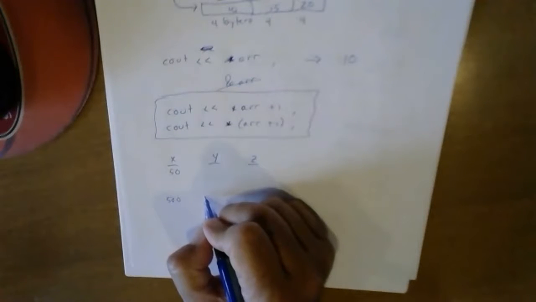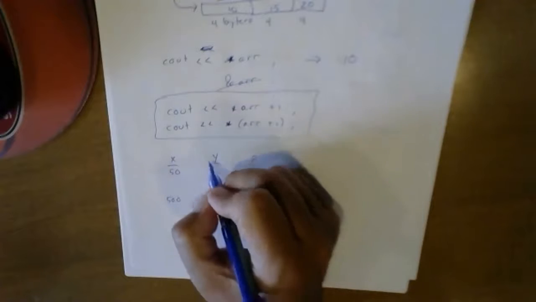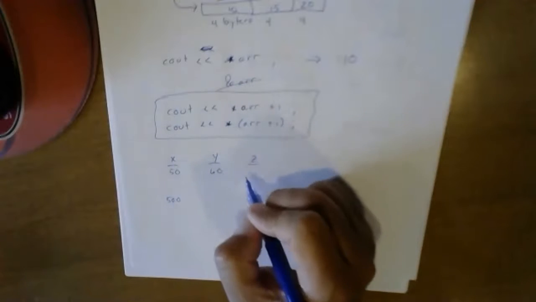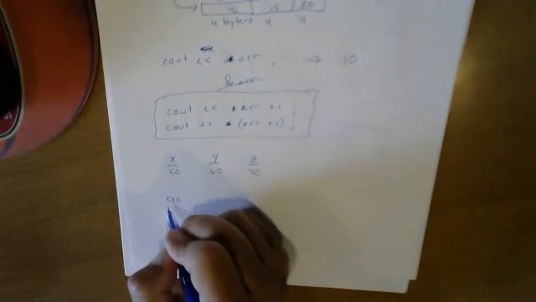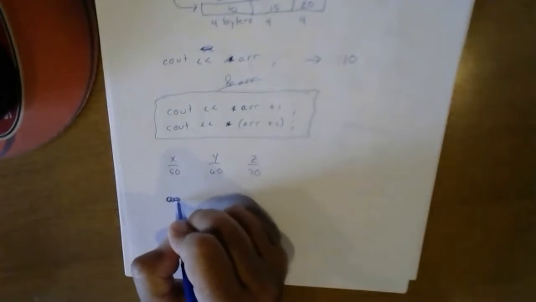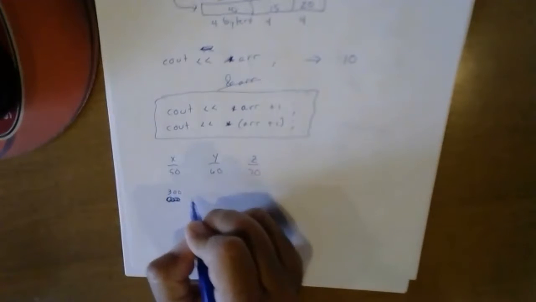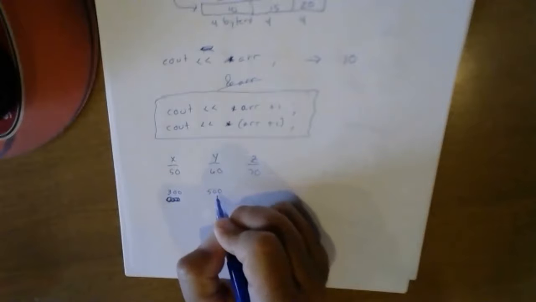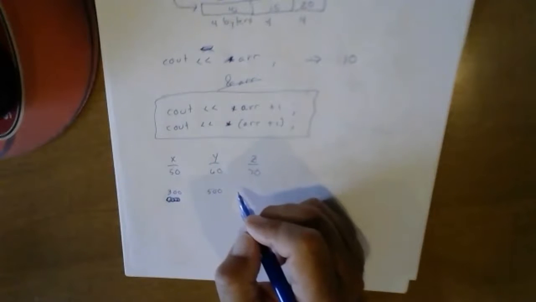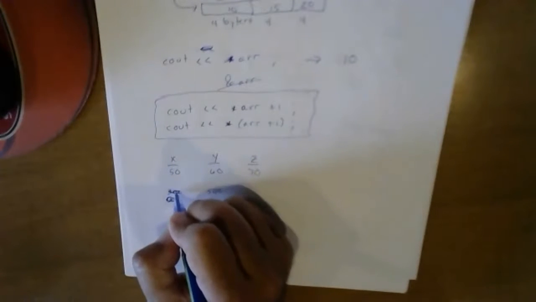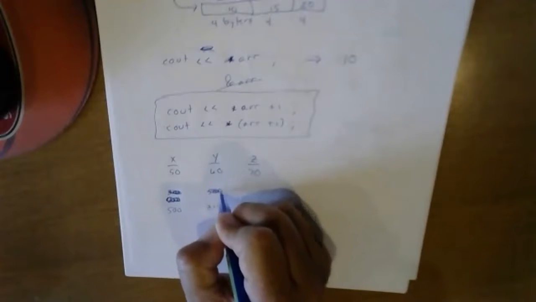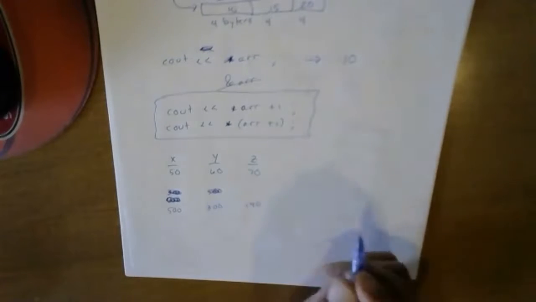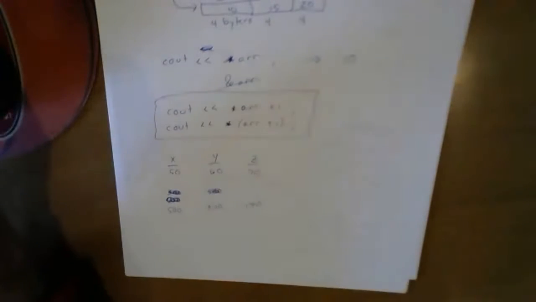Well, the first line would be 50, 60, and 70. And then 300, 500, and 350. Wouldn't it be 500, 300, and 140? Yeah, times 2. Oh yeah, 140. Yep.